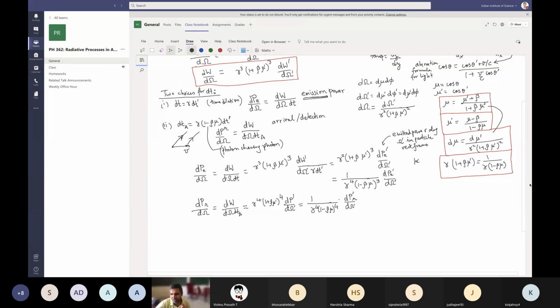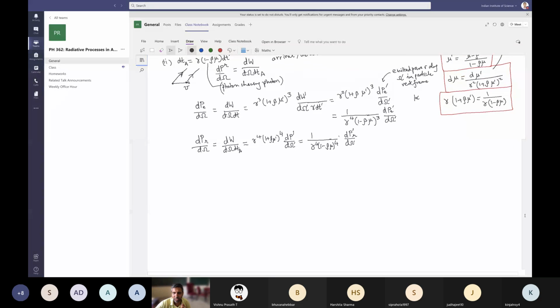We will consider many cases of particles moving relativistically, so beta is close to 1. In that case, even if the particle is emitting isotropically in its rest frame, there is forward beaming, and most of the power goes in the forward direction.